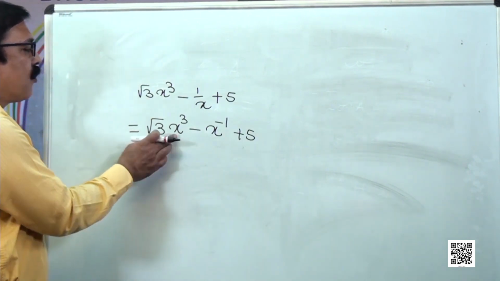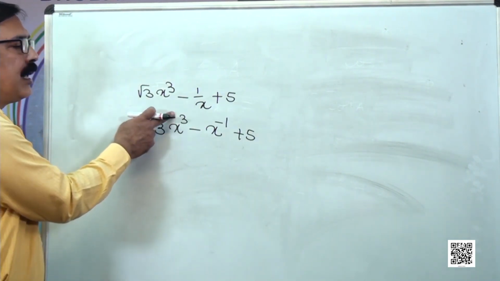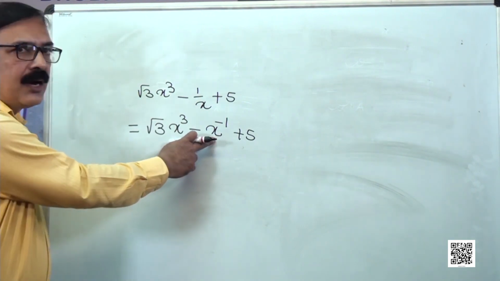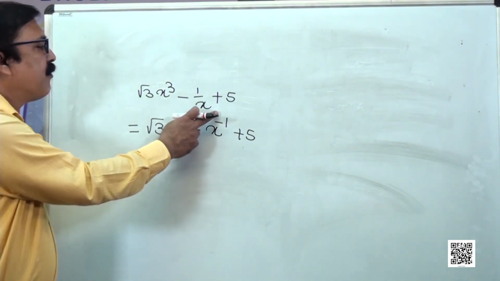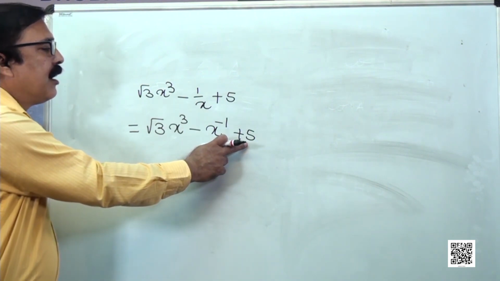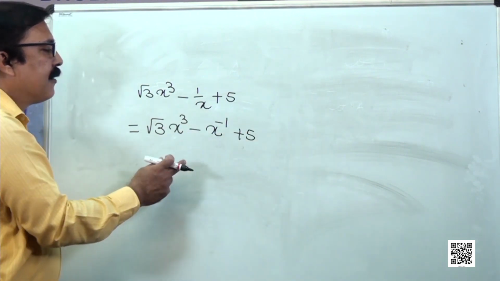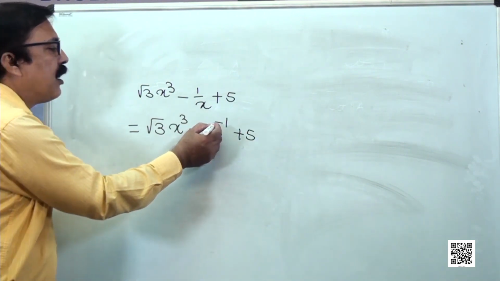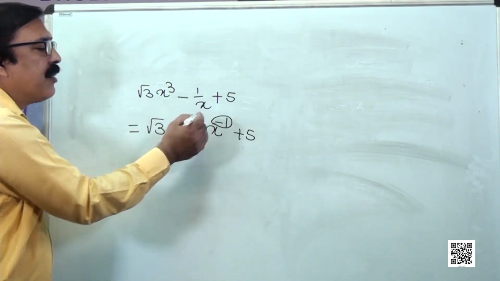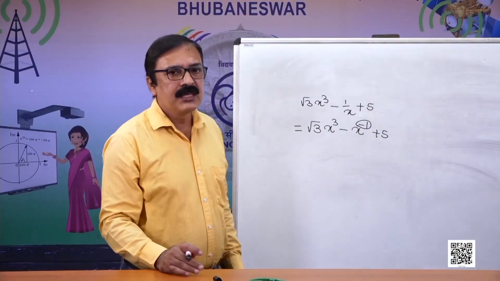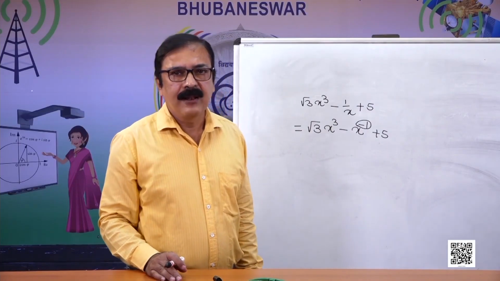Here the exponent of x is 3, here the exponent of x is minus 1, and here it is a constant. As the exponent is a negative integer, this cannot be a polynomial.